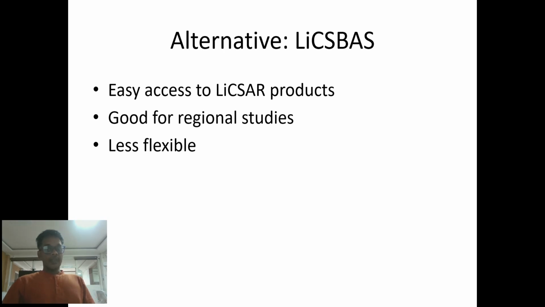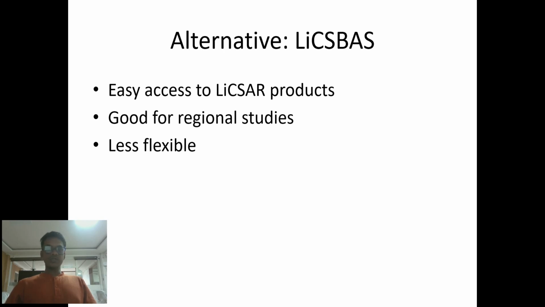And now we can do the same processing in other software also. The alternatives are LiCSBAS. It is easy to access the COMET LiCS products. So the advantages are it is good for regional studies and it has less pre-processing effort.